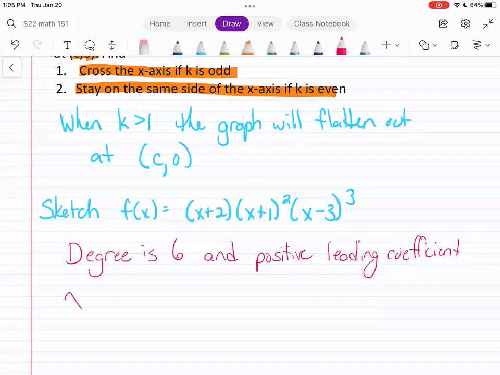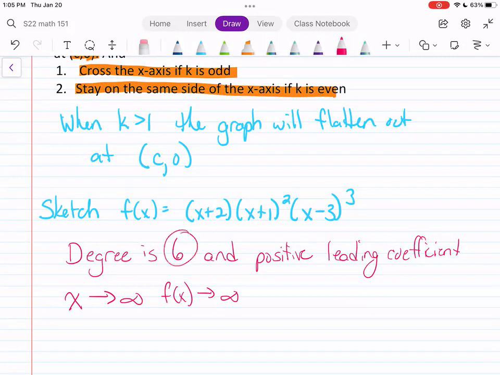So this tells us the right side of the graph is going to go up. As x goes to infinity, the graph is going to go up. And because the degree is even, we also know that as x goes to negative infinity, f of x is still going to go to positive infinity. They're going to go in the same direction.